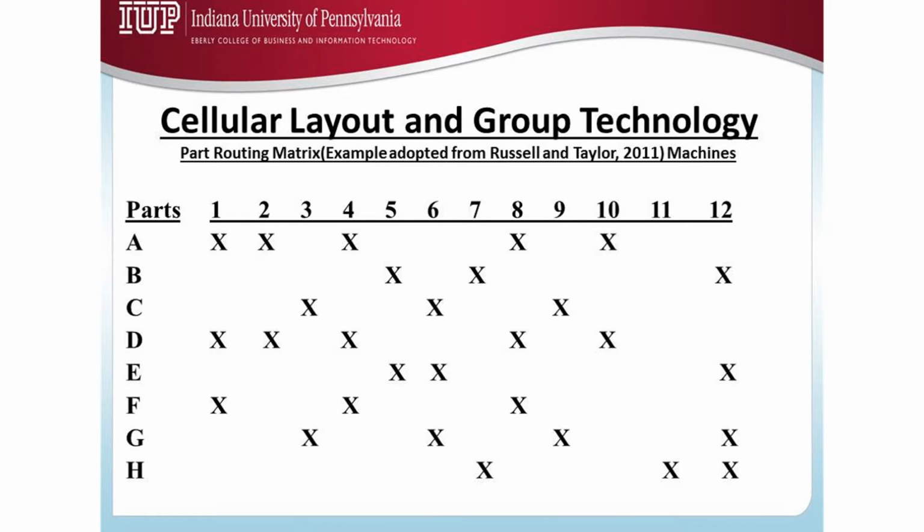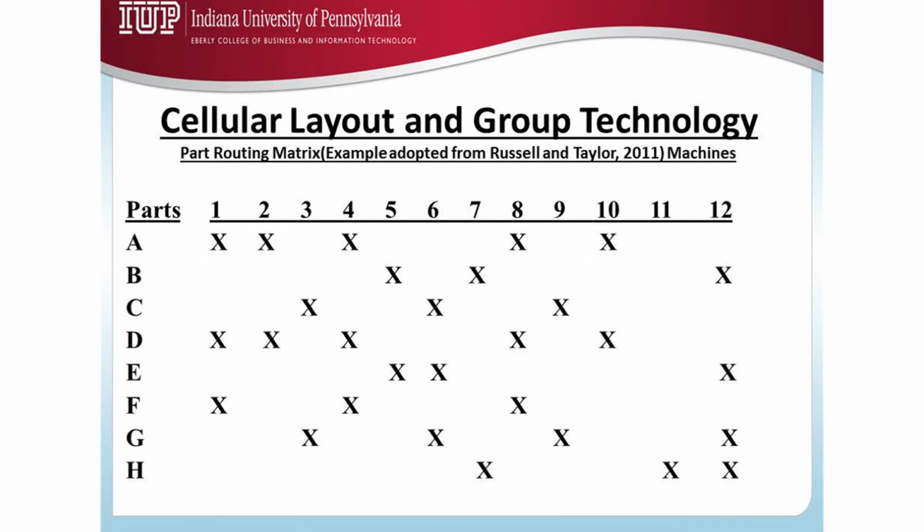So if you look at A, it requires 1, 2, 4, 8, and 10. Then part B requires machines or processes 5, 7, 12. Part C requires 3, 6, 9. And you can look at the other parts.